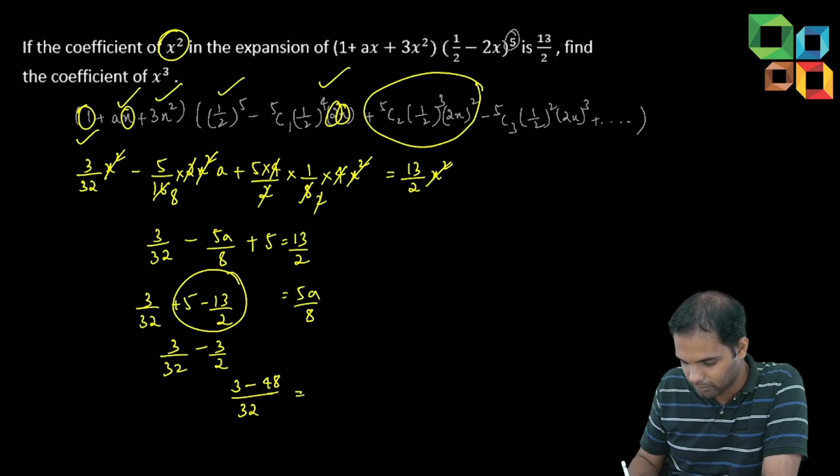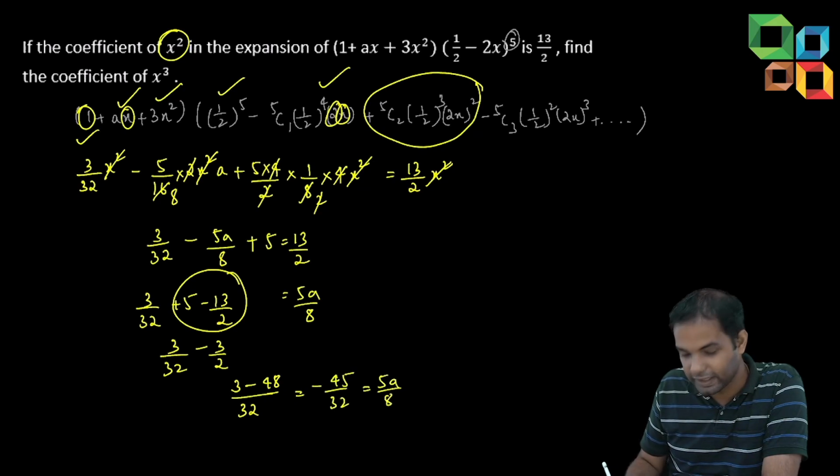So this is nothing but minus, say, 45 by 32. So this is equal to 5a by 8. Now you can directly simplify here. If I divide by 5, this is 9. If I divide by 8, that is the denominator, this is 4. So a is nothing but minus 9 by 4.